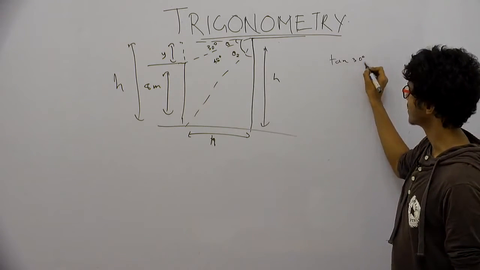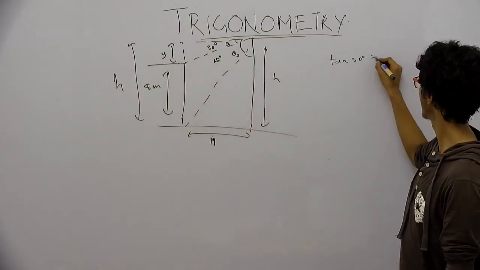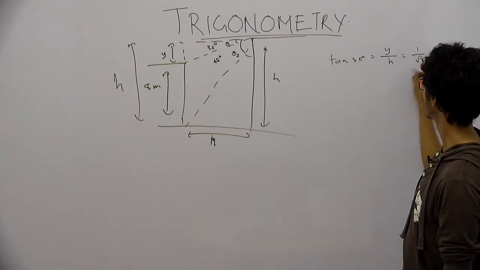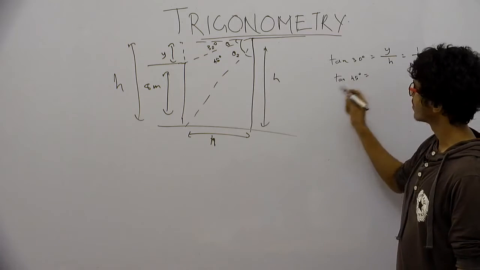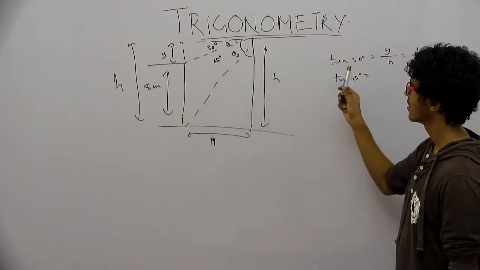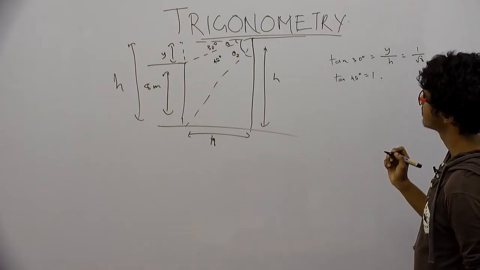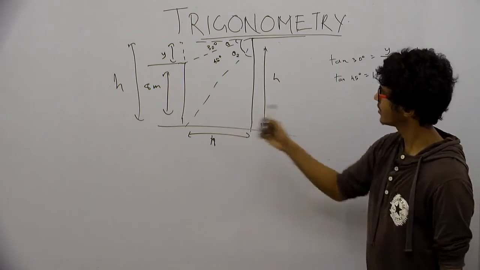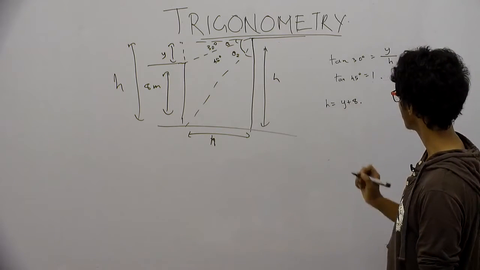Tan 30 degree equals y by h, which is 1 by root 3, and tan 45 degree equals h by h, which is 1. We already know h equals y plus 8.